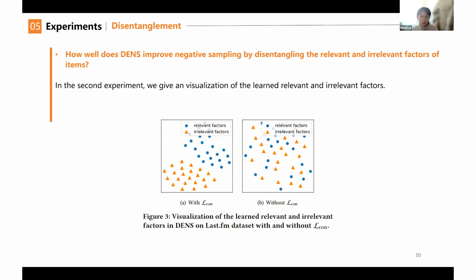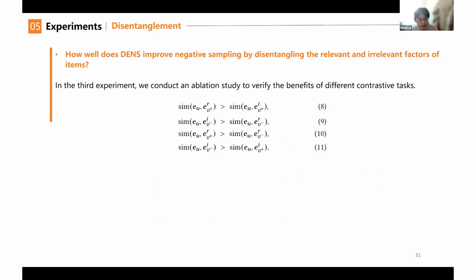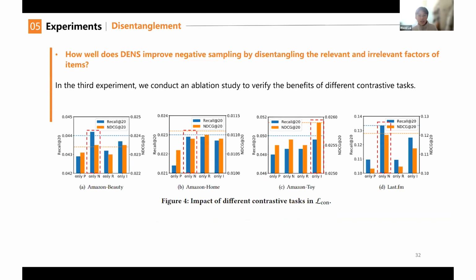However, when we remove the contrastive loss, the relevant and irrelevant factors tend to overlap with each other. In the third experiment, we conduct an ablation study to verify the benefits of different contrastive tasks and report the results. You can find more details in our paper.